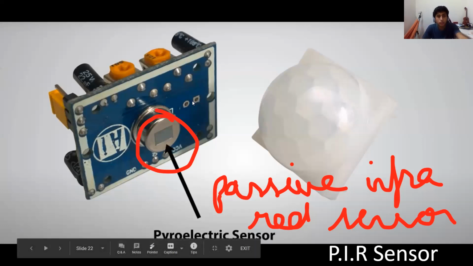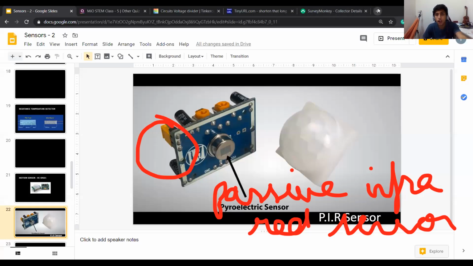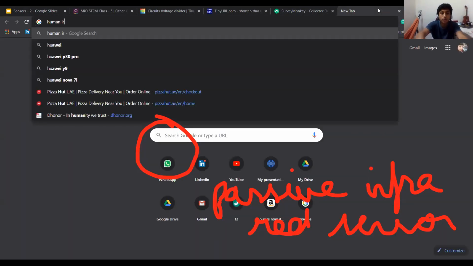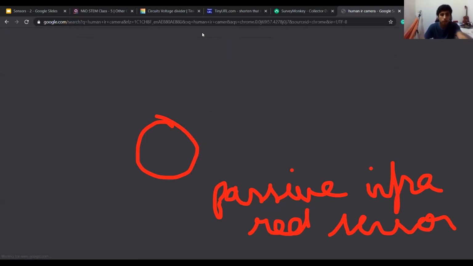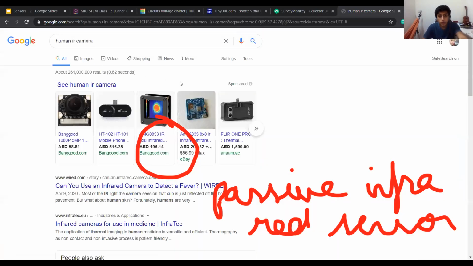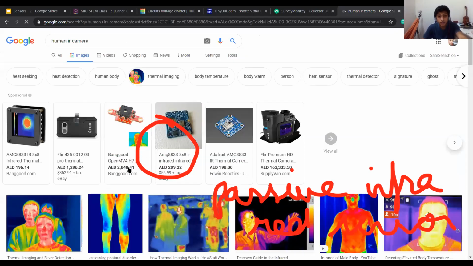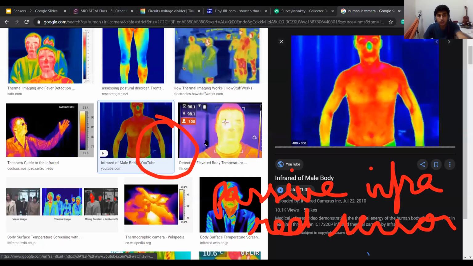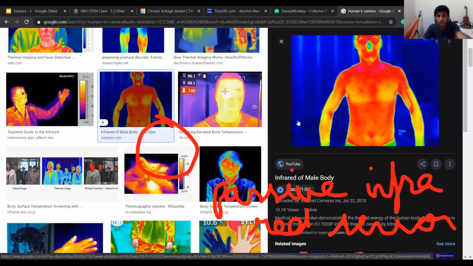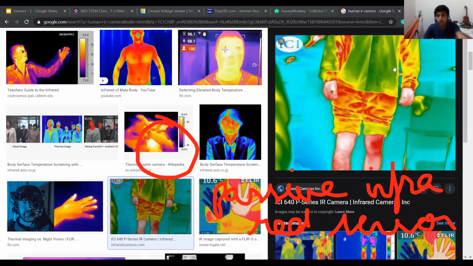Let me pull up an image to show you all. Human IR. So a human will give out heat that will make him look like that. Do you see that? Or look at this example.